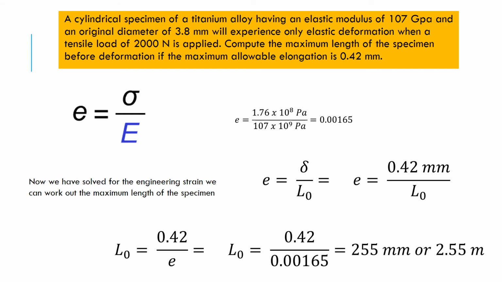We know that the length of the material under the applied load is 0.42 millimeters. So we rearrange that equation to solve for the original length of the material, which is the length of the material under the applied load, 0.42 millimeters, divided by the engineering strain. And the answer you get there is 2.55 meters.